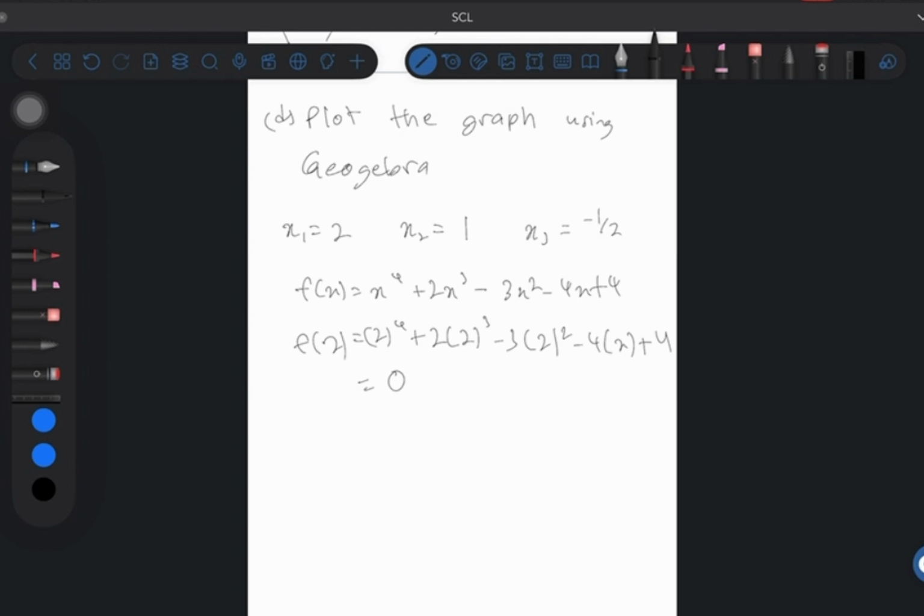So for the first one, the minimum point is (2, 0).